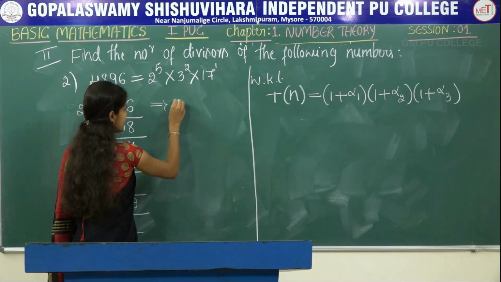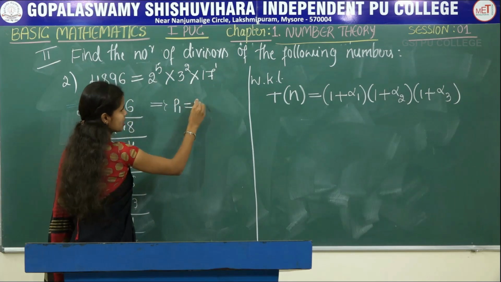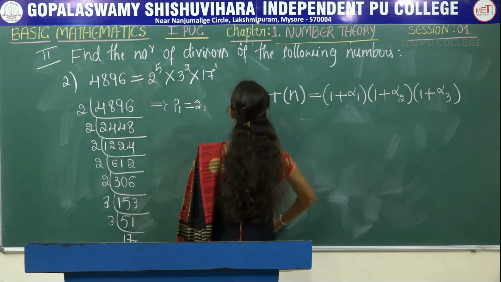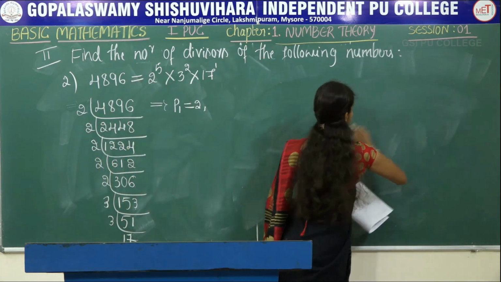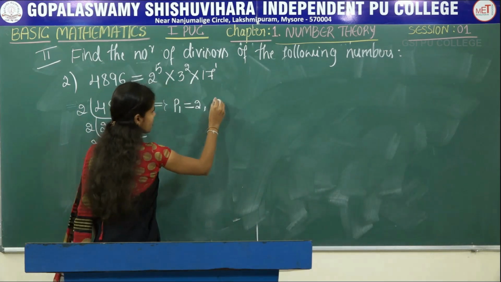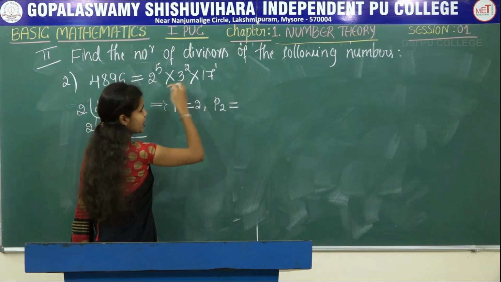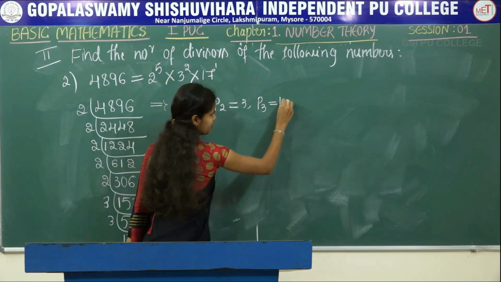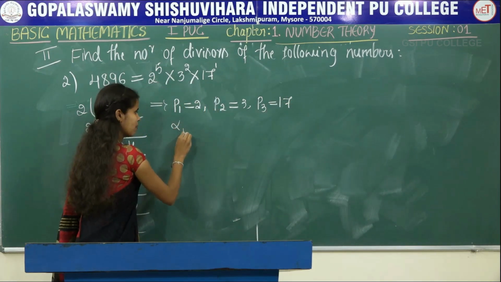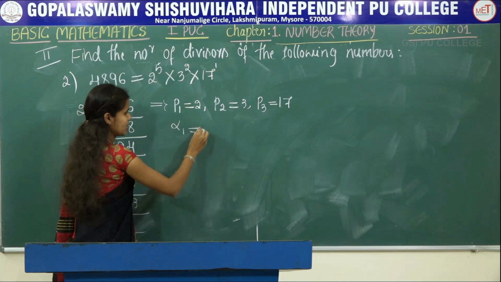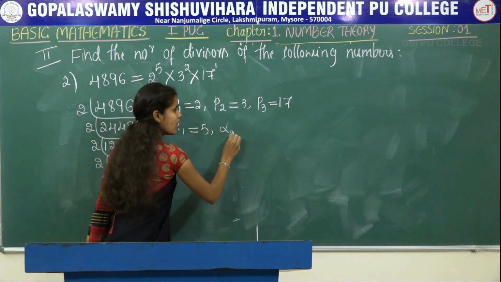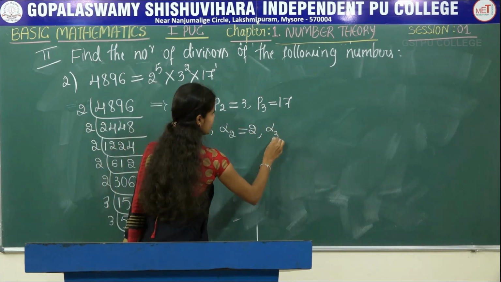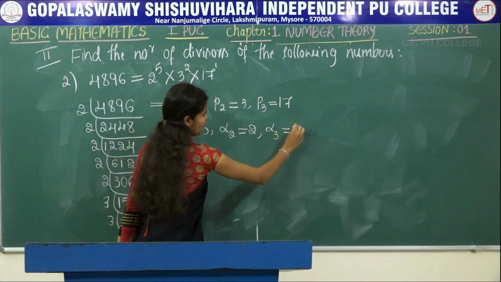So there implies we have P1 means 2, P2 means 3, and P3 means 17. Next alpha 1 means the power of P1, that is 5. Alpha 2 is 2. Alpha 3 is equal to 1.